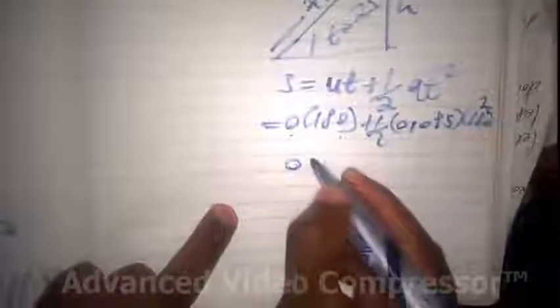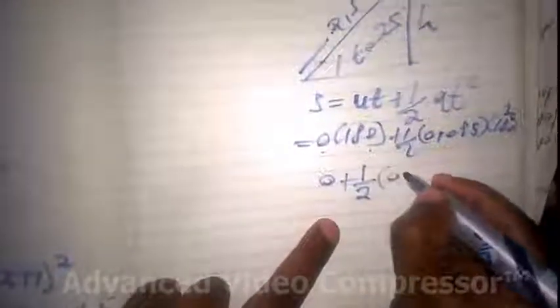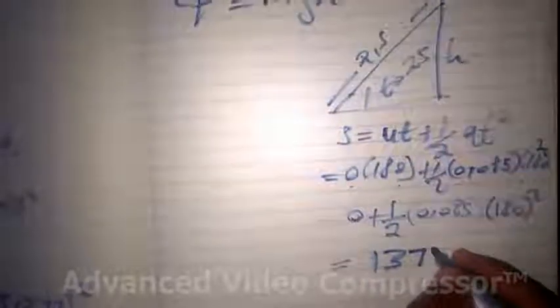So 0 times 180 is 0. Therefore here we have 0 plus, let me write this as it is because I ran out of space, 0.085 into 180 squared, and then you can punch only this one with the calculator, and the answer will be 1.377 meters, because this is distance.